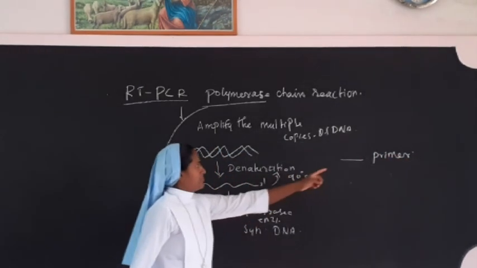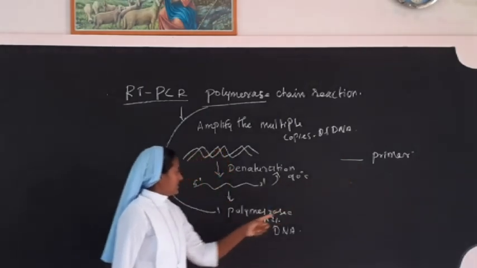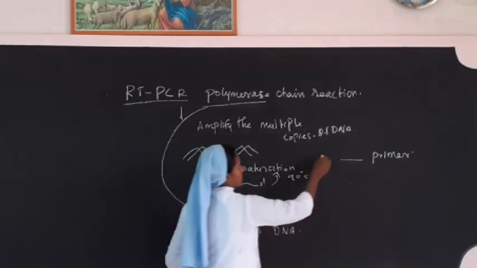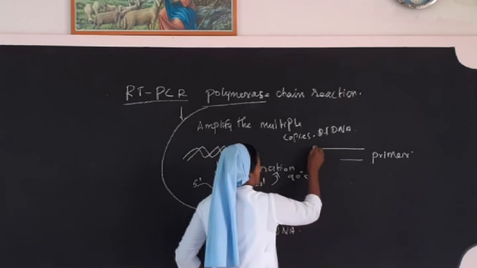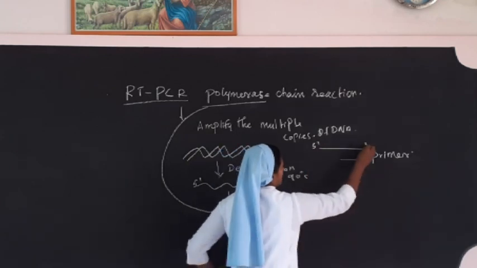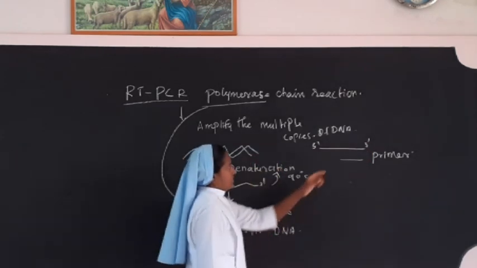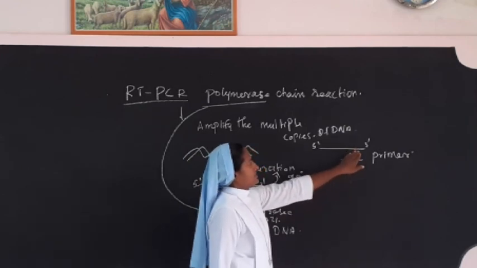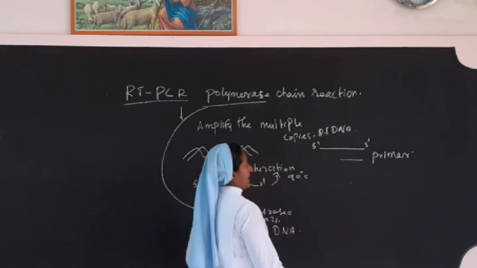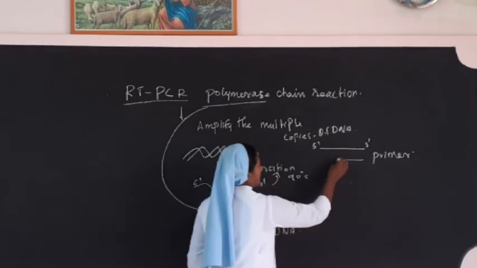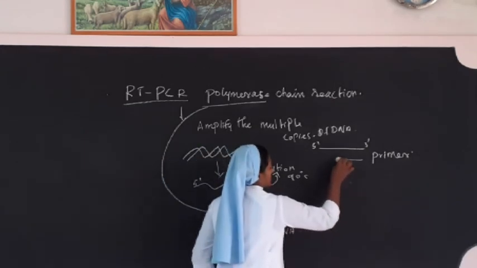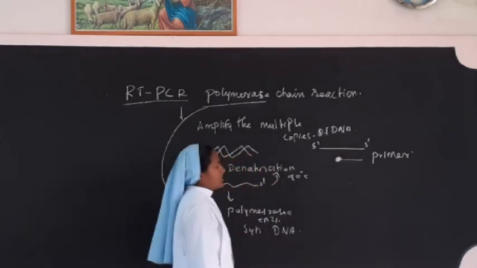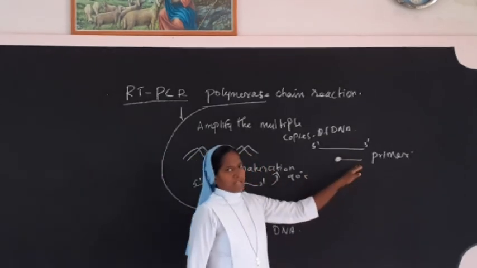So this primer anneals with this DNA, with the 5' end and 3' end. With that, the primer anneals to this single strand DNA, and the enzyme polymerase is directed. What is the role of this primer?